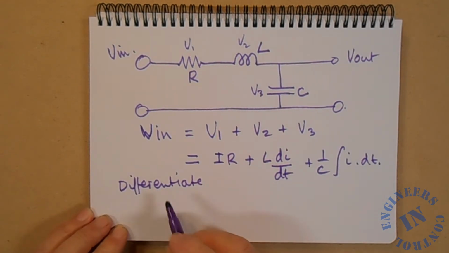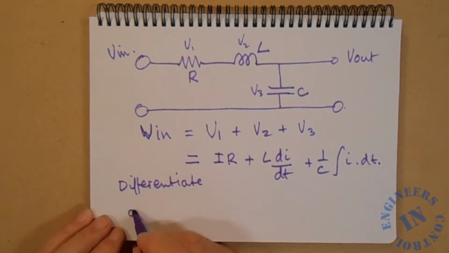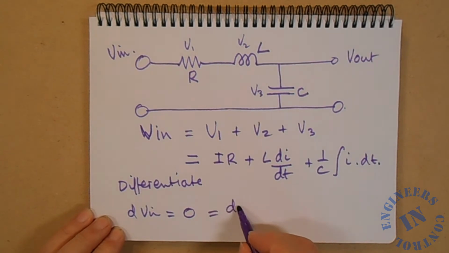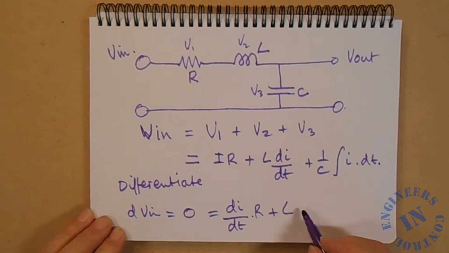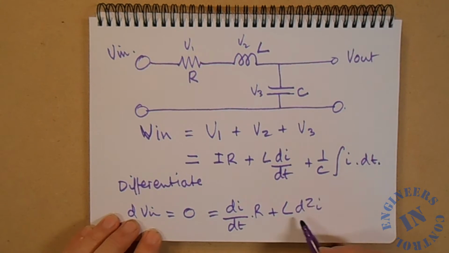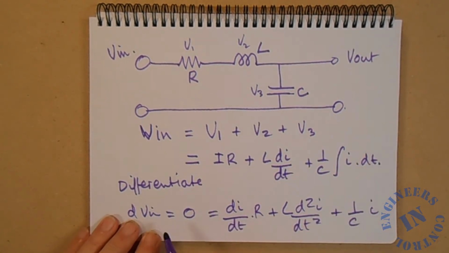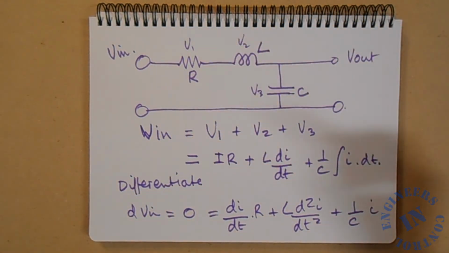And we end up with this: dVin by dt, in fact we can put that to 0, equals di by dt times R plus L d2I by dt squared plus 1 over C I. So we've differentiated that to give this, and we have a differential equation for our electric circuit.